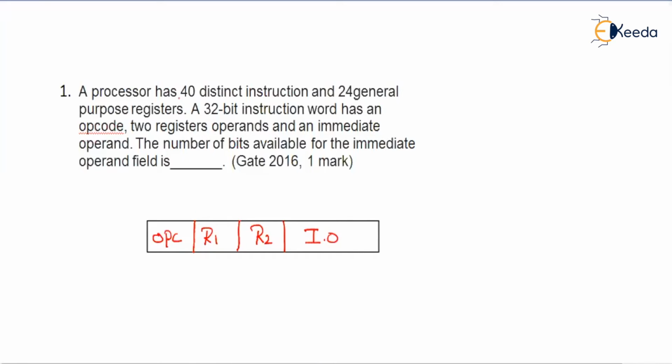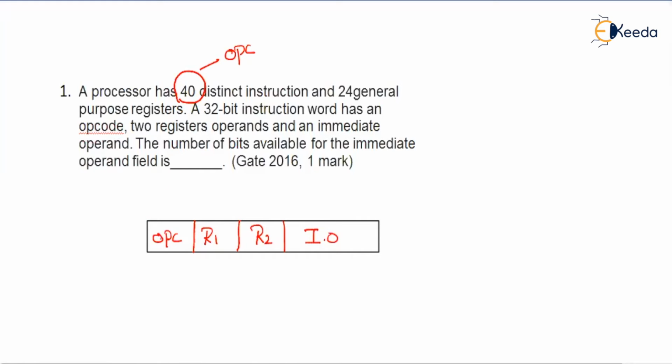Here it is given that the total number of machine language instructions in the system is equal to 40.